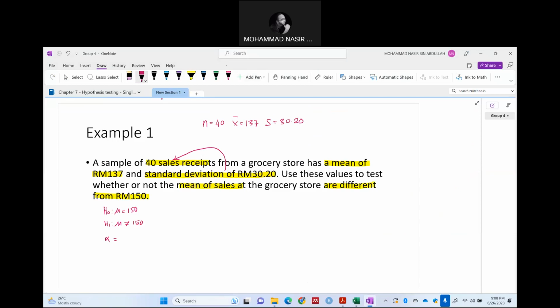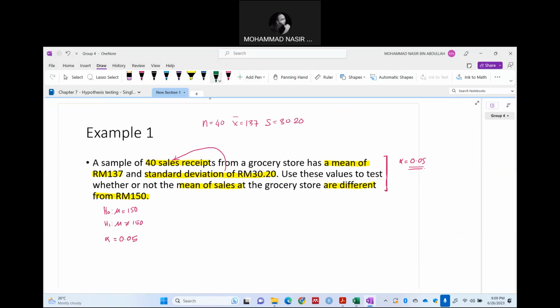In this example, there is no instruction for the level of significance. So if there is no instruction in the question, we assume alpha equal to 0.05.